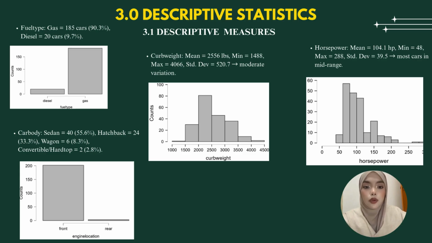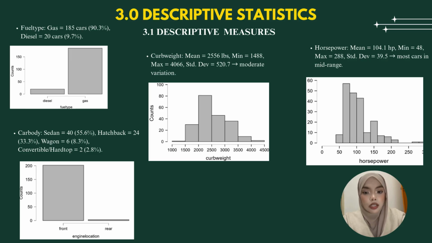For 3.1, in this session, we analyze two numerical variables, curb weight and horsepower, as well as two categorical variables, which are fuel type and car body. For curb weight, the average value is 2556 pounds with a minimum of 1488 and a maximum of 4046.